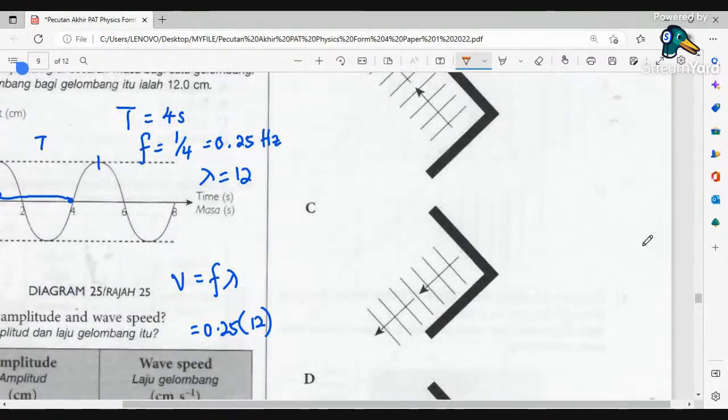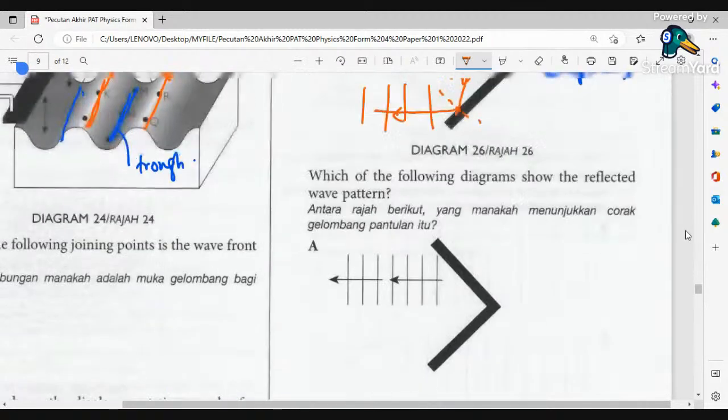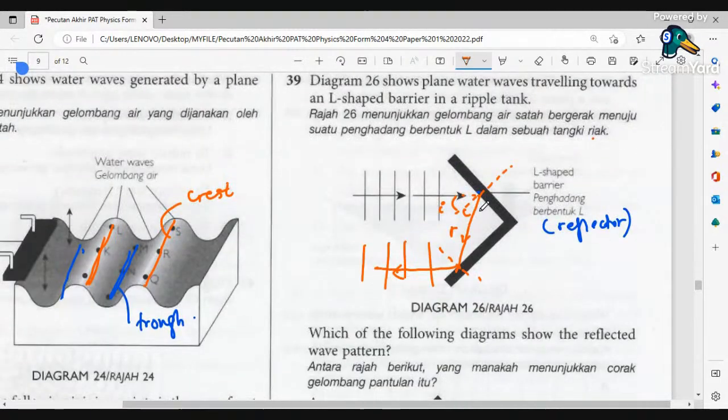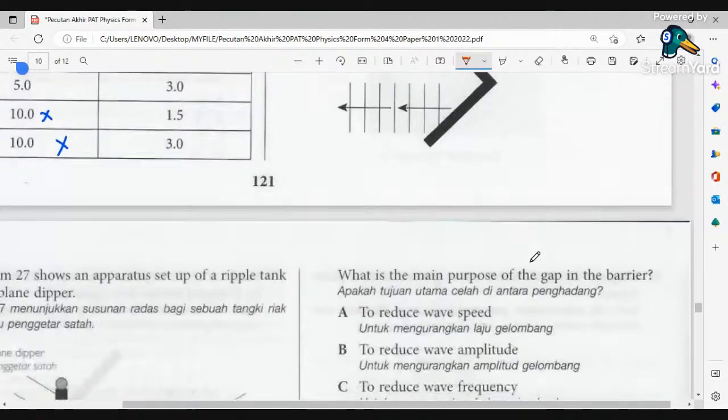Saya nampak ialah D. Ni ya, nampak. Jadi ini mesti sama distance lah. Saya just roughly draw saja. 2 kali reflection. Jadi 39 D ya.